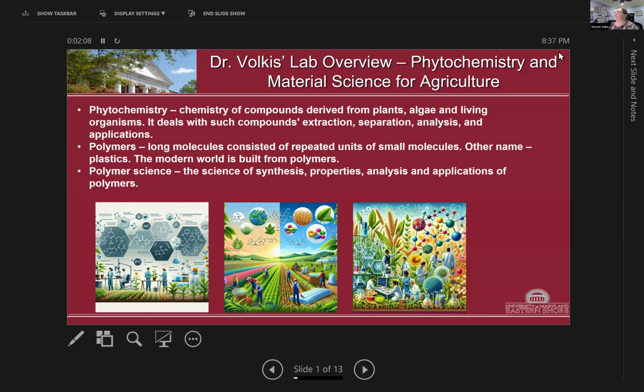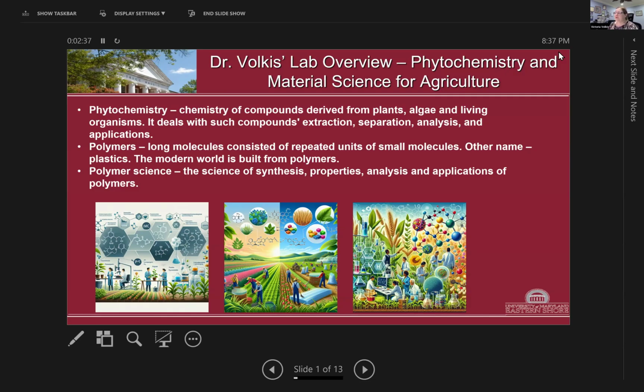One is how do you derive them from the raw material? Second, when you derive them as a mixture, how do you separate those mixtures and isolate individual compounds, and then analyze those compounds to exactly understand what the compound is, what its chemical configuration is, and what its concentration is, and then try to find different applications for those derived chemicals.